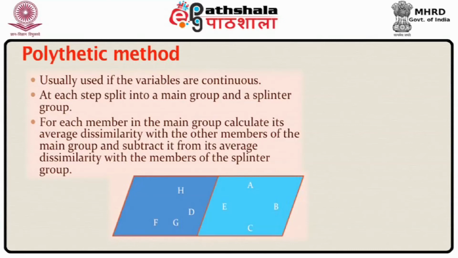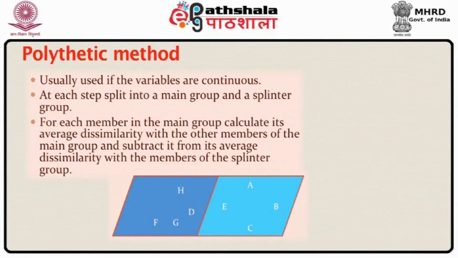For each member in the main group, we calculate its average dissimilarity with the other members of the main group and subtract it from its average dissimilarity with the members of the splinter group. Now what do you mean by this? Now suppose this is the splinter group and suppose this is the main group. So what we look at is the main group on the right hand side.